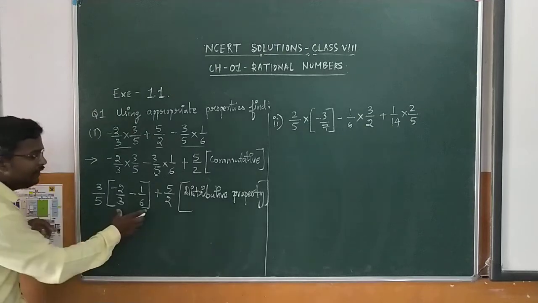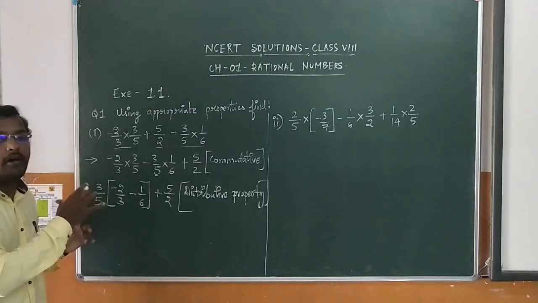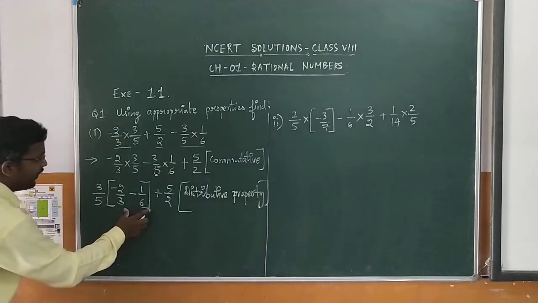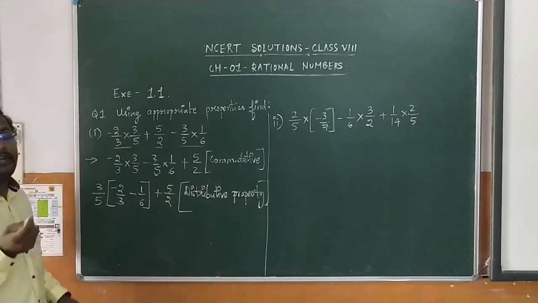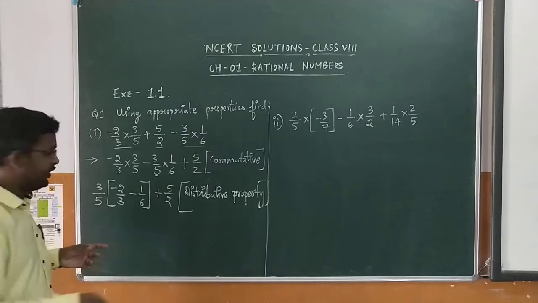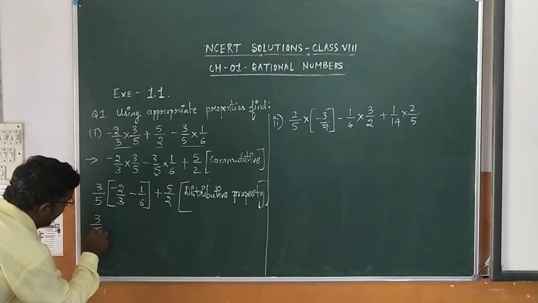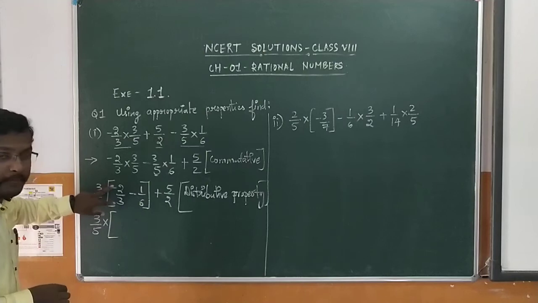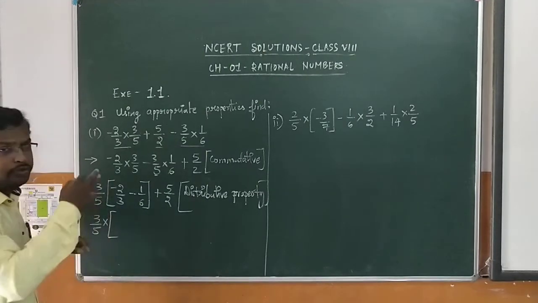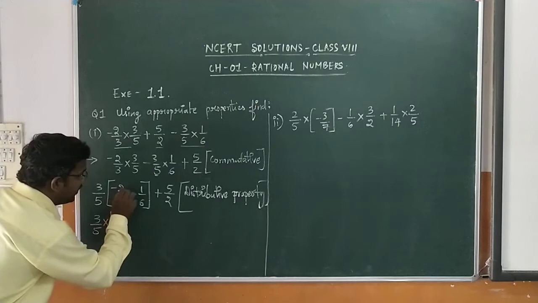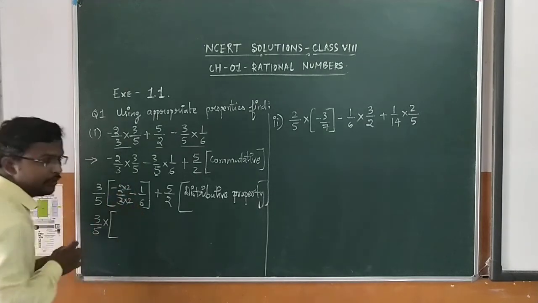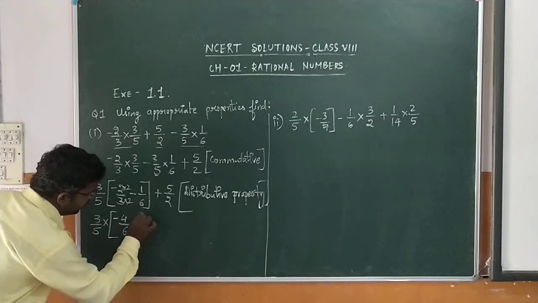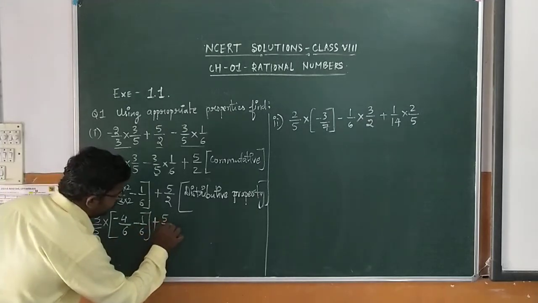After that we have to simplify the rational numbers present inside the bracket. So we have 3 and 6. The LCM of 3 and 6 will be 6. In order to make the denominator 6, you have to multiply by 2. If you multiply both numerator and denominator by 2, you will get minus 2 into 2, that is minus 4 by 6, minus 1 by 6, plus 5 by 2.